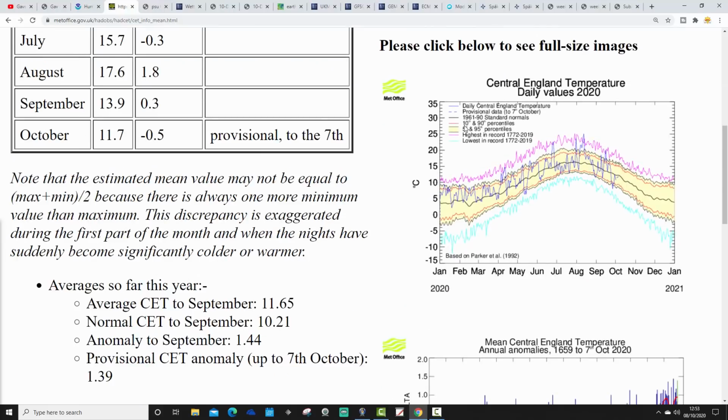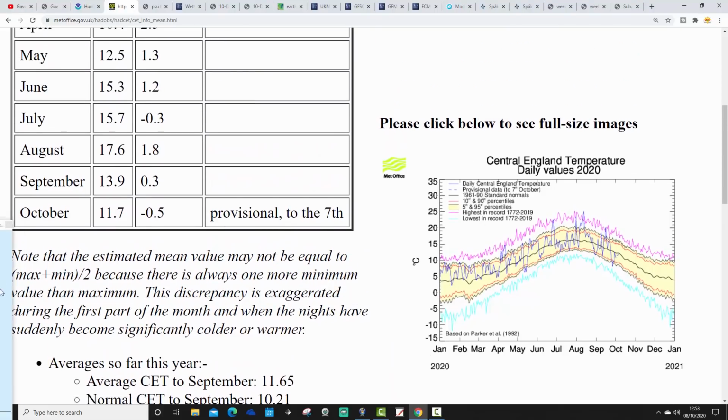Right, so our Central England Temperature is looking provisional up to the 7th, because we're now nearly a week in. We're now a week in today to October. This is provisional up to the 7th, standing at 11.7 now, an anomaly of half a degree below average. So it's still a little bit below average, even though we've had a few milder days and a few milder nights. This is going to probably fall away again as we go from tomorrow and through the weekend, because we're in for quite a cool weekend with northerly winds.